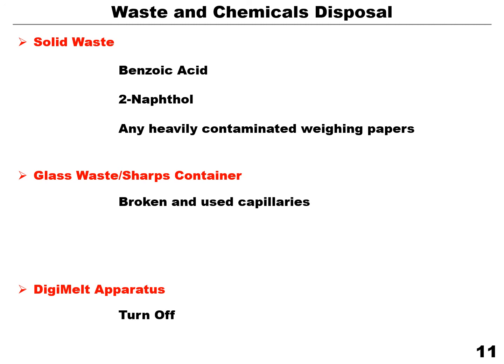And now to the safety matters with respect to this experiment. In this experiment, we'll be using benzoic acid and 2-naphthol, and of course any leftovers of benzoic acid or 2-naphthol, or the papers we use to measure them, will be waste products, and they should be kept in different waste containers.